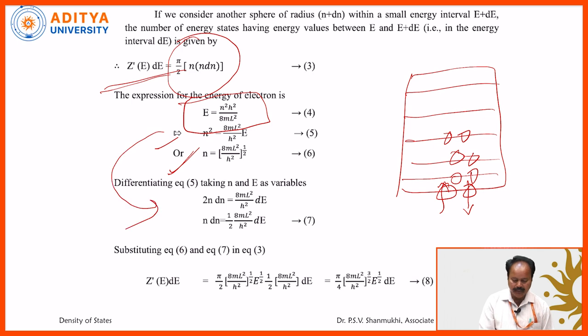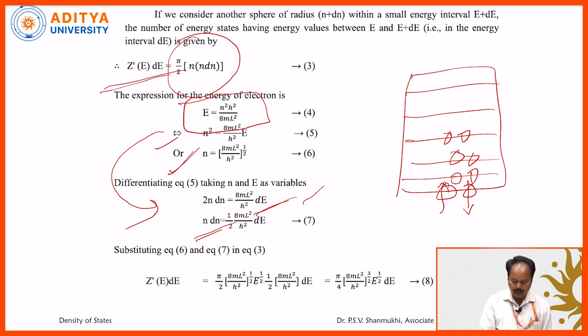Once again, from this n square, let us take the variation and differentiate. What we get? 2n dn is equal to 8 m L square by h square, which is a constant term, and energy is the variable, so we get dE. So n into dn is equal to 1 by 2 into 8 m L square by h square into dE.